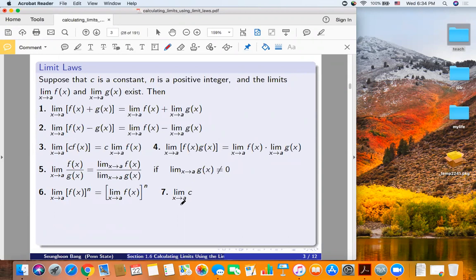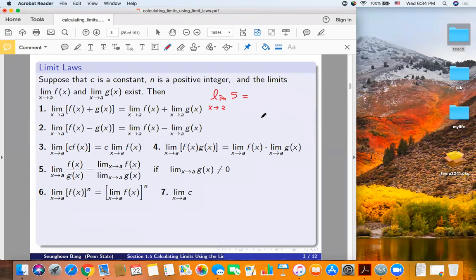So what is the limit of c as x approaches a? What do you think? I want to give one example here. The limit of 5 as x approaches 2. What is the answer?